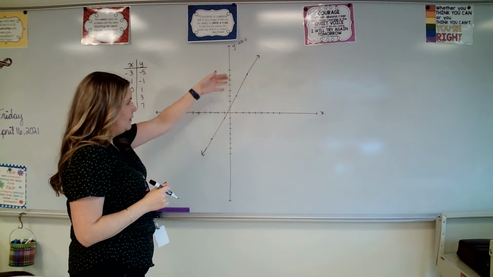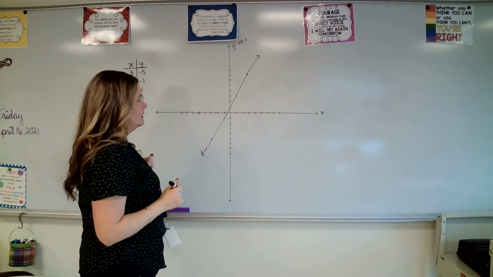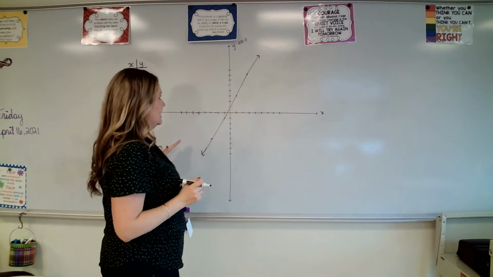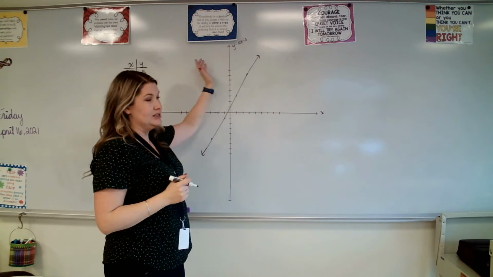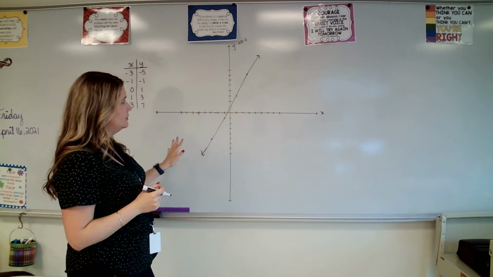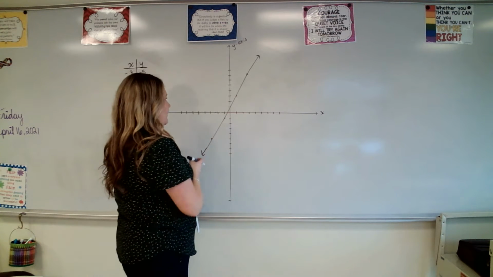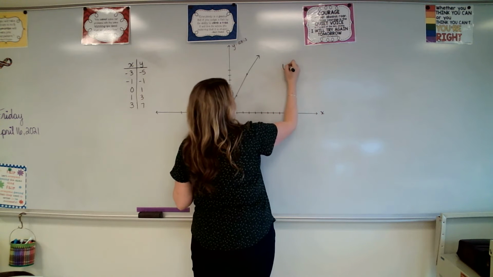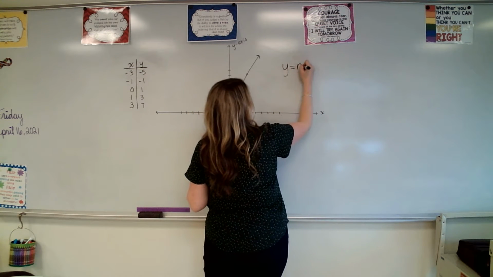So now I need to figure out how to write the equation of this line. When I'm writing the equation of any line that is just a straight line, it has no curves if you do it correctly, and all the points fall on the line. I need to be able to figure out the equation of this line.